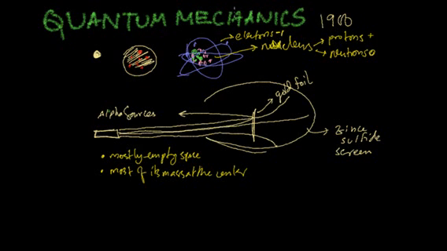Now one thing is important. The atom is so much empty space that if a full stop on a page was the nucleus, then the electron would be 2.5 meters away. That's how big and empty the atom is.